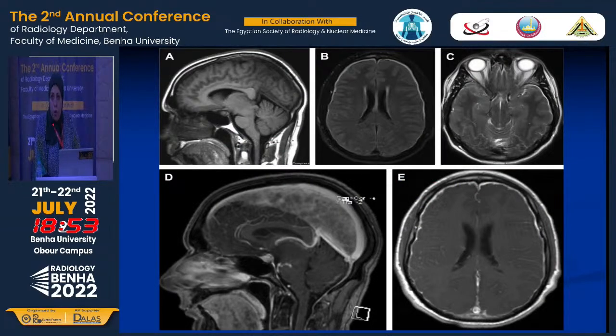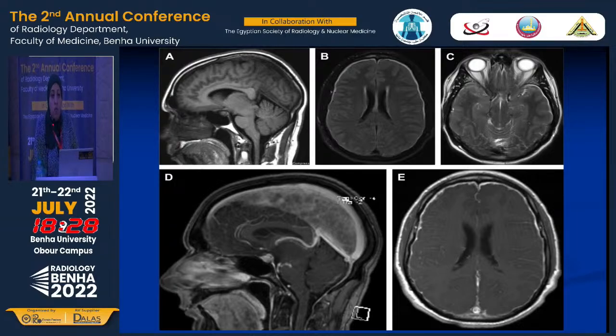You should not only interpret or evaluate the parenchyma of the brain, but you should look for the extra-axial structures also. Here, there is enlargement of the pituitary gland, again with thickening of the pachymeninges, and effacement of the cortical sulci. So you should complete the study with gadolinium.